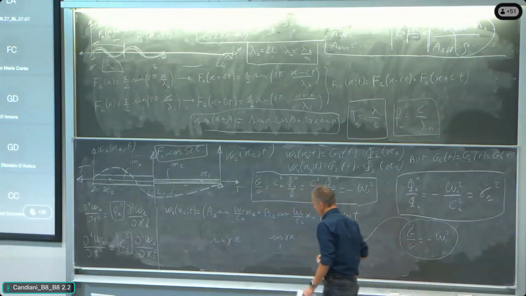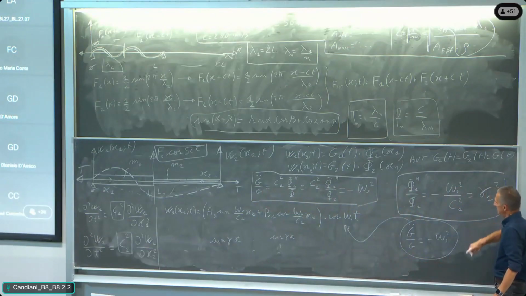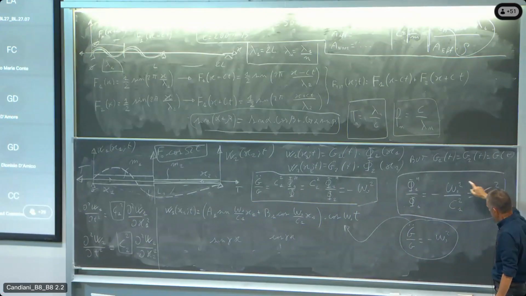You wrote like that for the cable. All right, yes, but this gamma can be written as omega divided by propagation velocity.